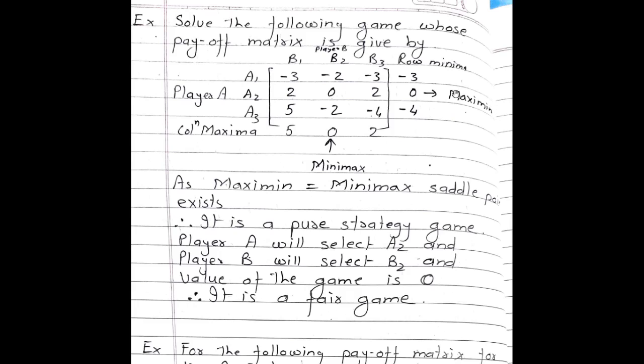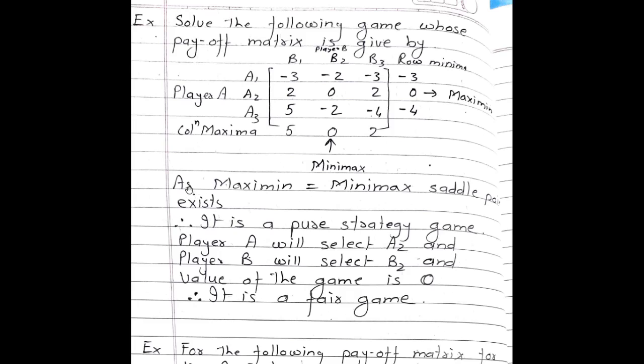After getting the maximin value, we will write column maxima at the bottom of the table. -3, 2, 5: pick up the maximum element, which is 5. -2, 0, -2: the maximum element is 0. -3, 2, -4: the maximum element is 2. So among these maximum elements, pick up the minimum element, put an arrow, and we call it minimax. So 0 is the minimax value and 0 is the maximin value.